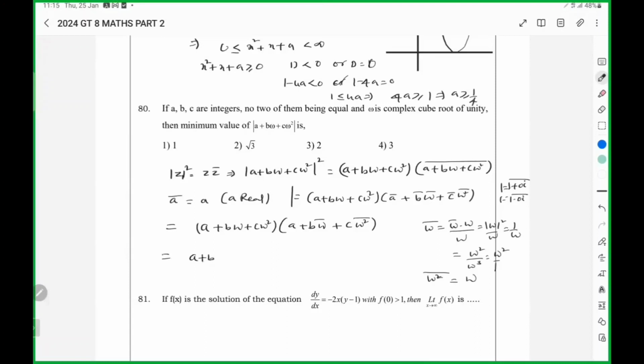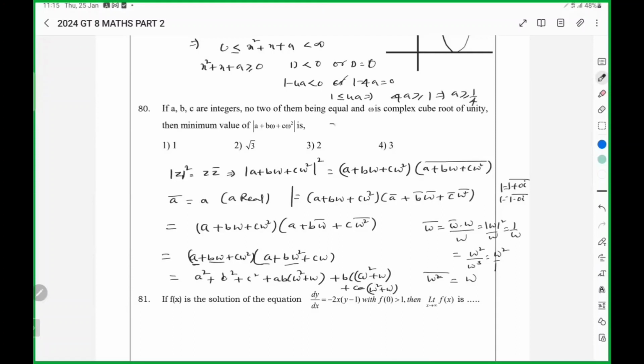Here we can take a plus b omega bar, which is omega square, so a square plus b square plus c square, ab into omega square plus omega, bc into omega square plus omega, ca into omega square plus omega.